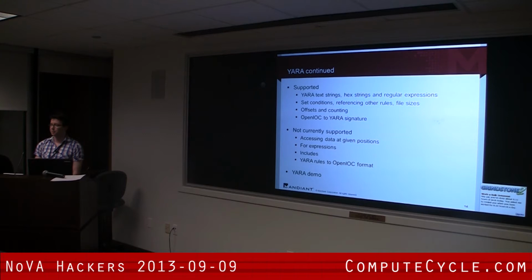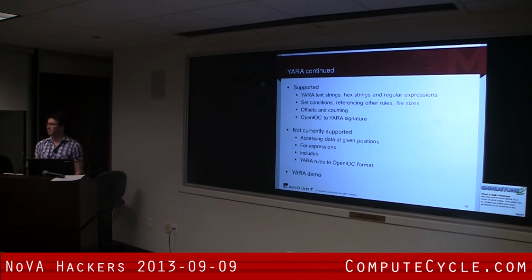There are certain things that we can do in OpenIOC that we can't do in Yara. For instance, we define the GUIDs with dashes. Those dashes are illegal characters in Yara, so we have to strip them out.